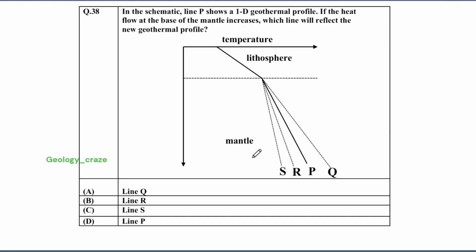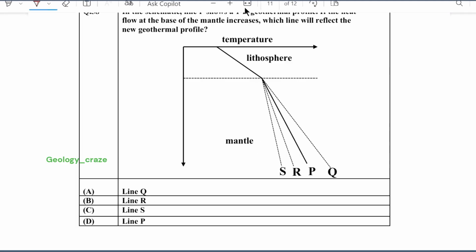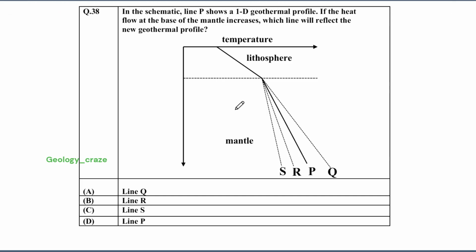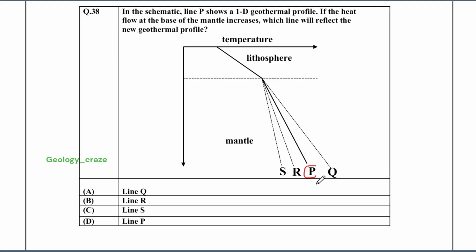So now in this question, the systematic line P shows a 1D geothermal profile. We have a geothermal profile showing how temperature behaves with depth.